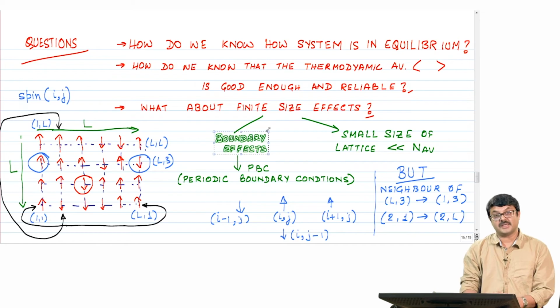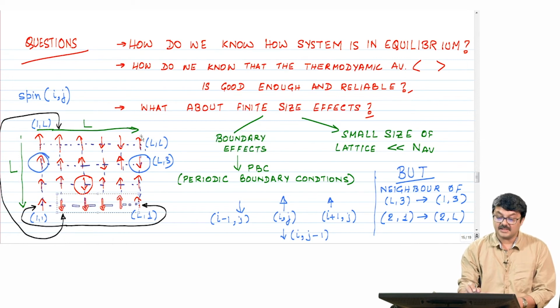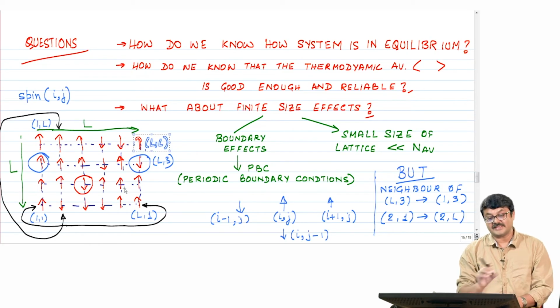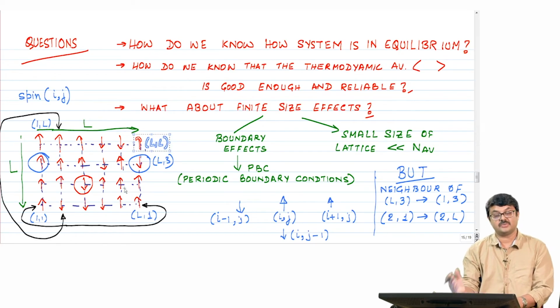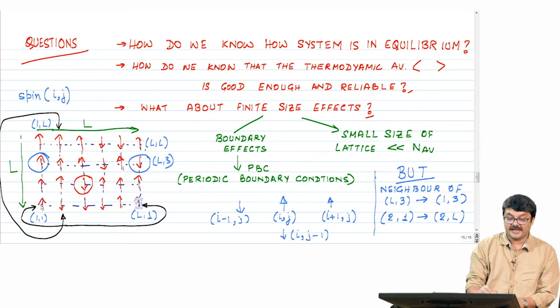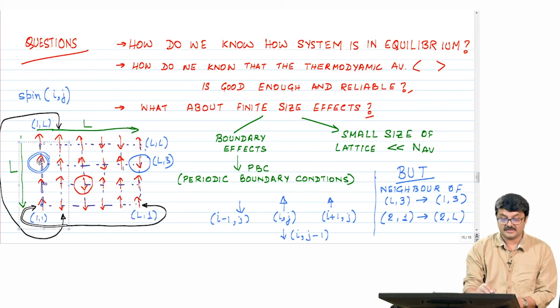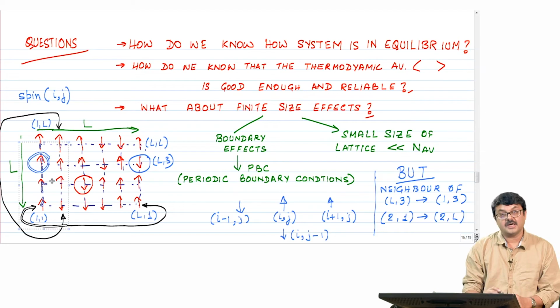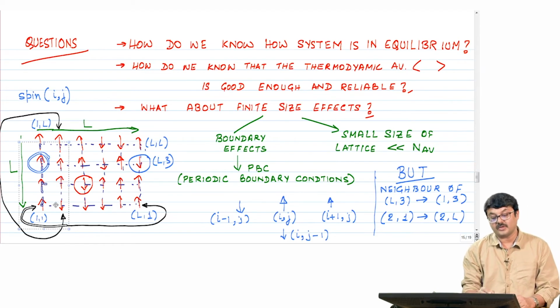We are not going into that at the moment, but assuming a square or a cubic lattice, what I am saying is that if you are doing a 100 cross 100 lattice or a 20 cross 20 lattice, you have a relatively large number of spins sitting at the boundaries, and that number is relatively comparable to the number of spins sitting in the bulk, which are surrounded by 4 neighboring spins, whereas the ones at the end have spins only on one side and not here, right.